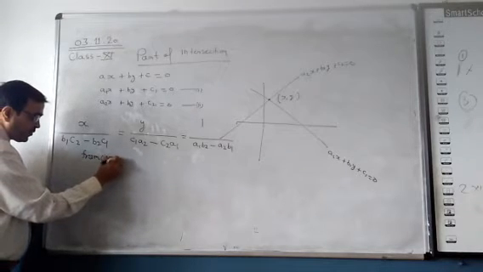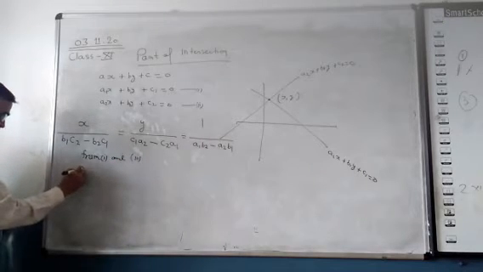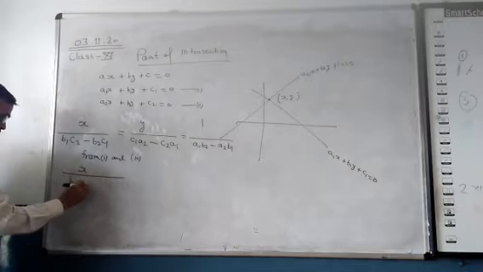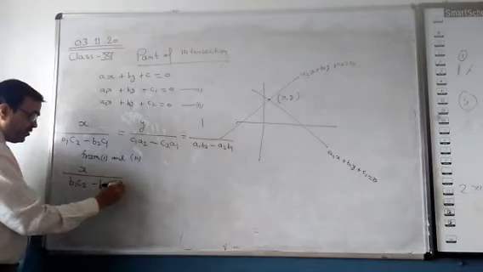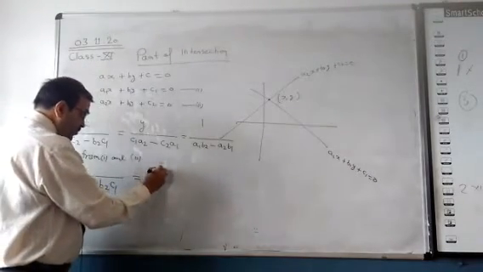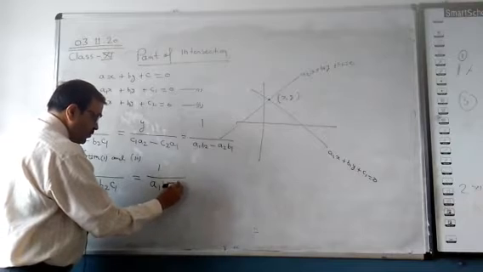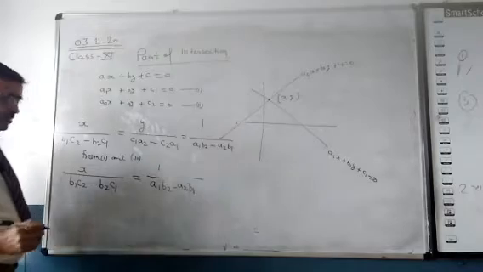Okay, by the first and third ratio, x upon b1 c2 minus b2 c1 is equal to 1 upon a1 b2 minus a2 b1.